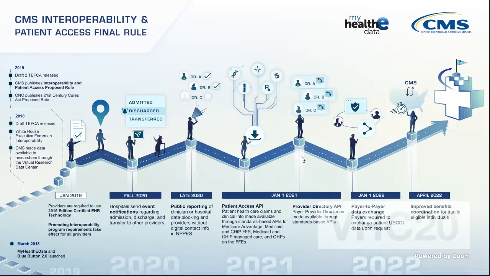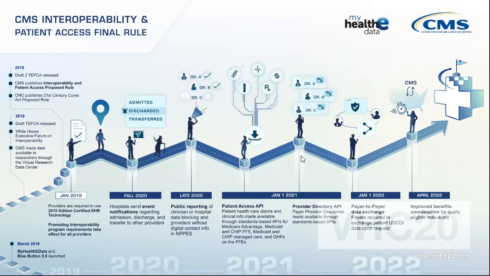Then getting to the next proposal on this timeline, starting in January 1, 2021, this is really where the rubber hits the road for patient access. This is where CMS has finalized that all payers, all federally regulated payers, so Medicare Advantage, Medicaid Managed Care, Medicaid Fee-for-Service, CHIP Managed Care, CHIP Fee-for-Service, and the qualified health plans in the federally facilitated exchanges, all of those payers are required by January 1st, 2021 to implement a patient access API that is similar to what I was talking about with our Blue Button API that CMS has for Medicare fee-for-service folks.